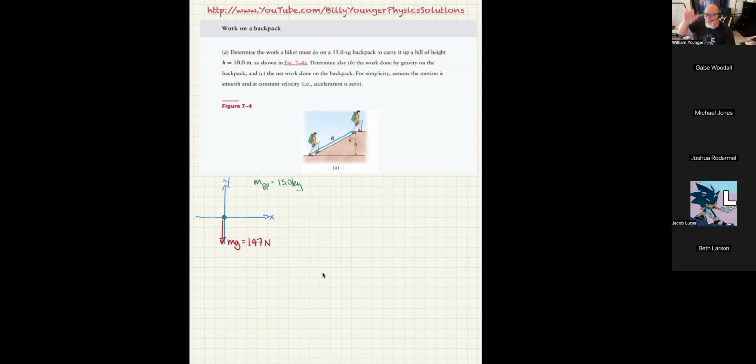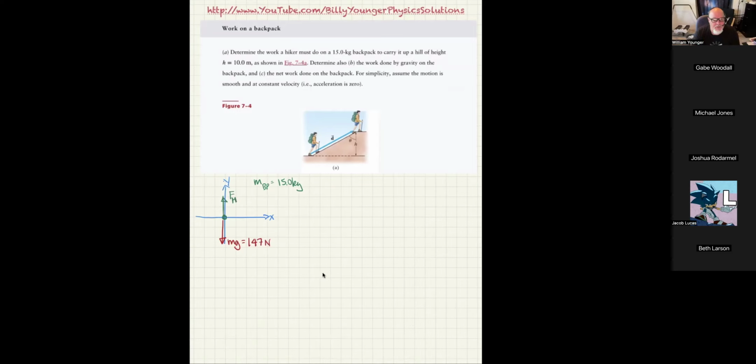So we've got those two forces acting vertically in such a way that it's not going to accelerate. That means the summation of the forces in the y direction has to equal zero. I'm going to draw green for the positive direction, and this is the force due to the hiker, which we call F sub h.